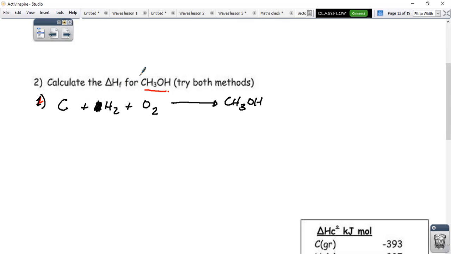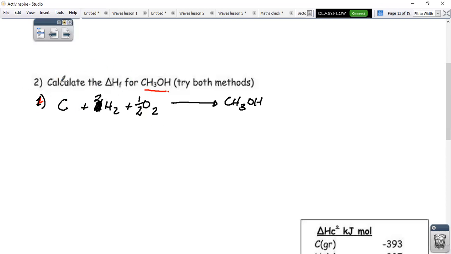Do you put 1.5 next to the H2? Okay, try again. Do you put a 2 next to it? I put a 2, correct. Okay, next one. And then do you put a half next to the O2? Yeah, absolutely spot on. You're good. Okay, and then I put a half O2.